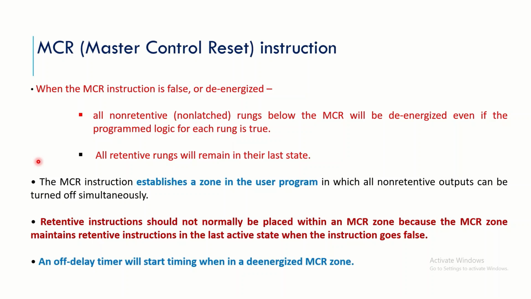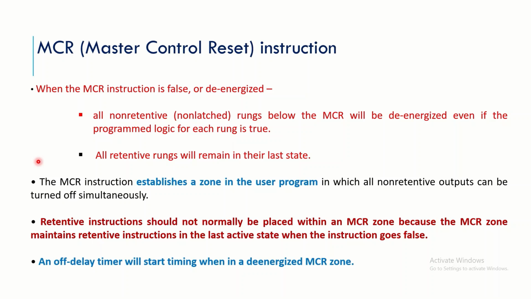So you should never keep, or at least try your best not to keep, retentive outputs within the MCR, because the MCR helps you isolate a part of the circuit in case of any problem so that it can be stopped immediately. But a retentive output, if it contains a conveyor, will keep on operating. So that will not give you the result that you require. This you have to keep in your mind.